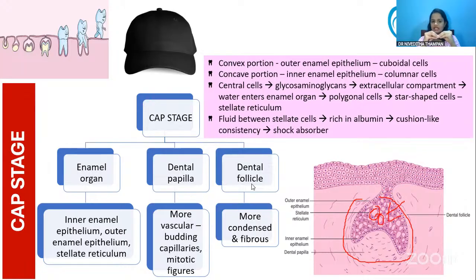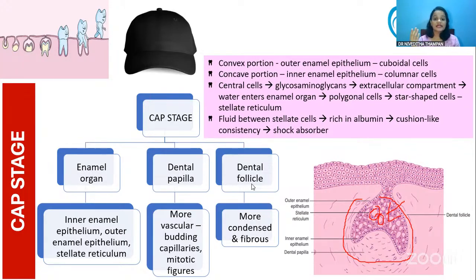Because of these water molecules, the cells are completely stretched, so these cells will take the shape of a star. That's why it is called the stellate reticulum. Reticulum means a network and stellate means star shape. So these star shaped cells are called the stellate reticulum.